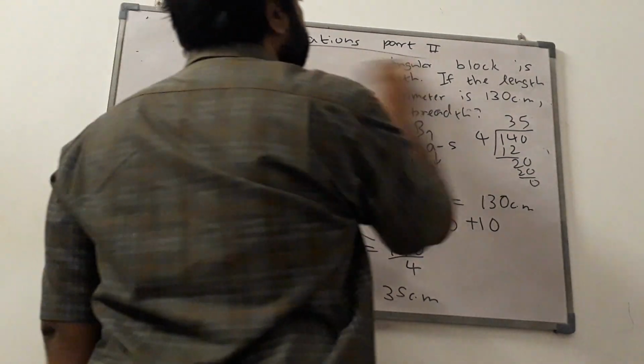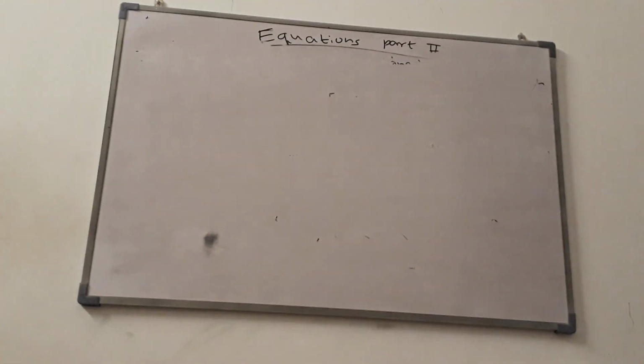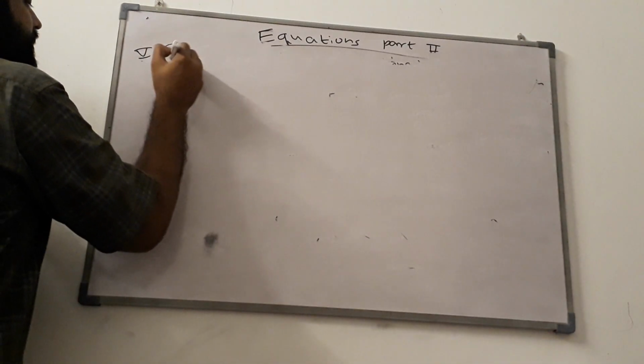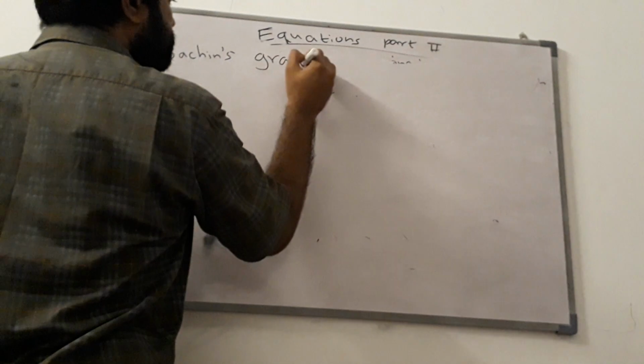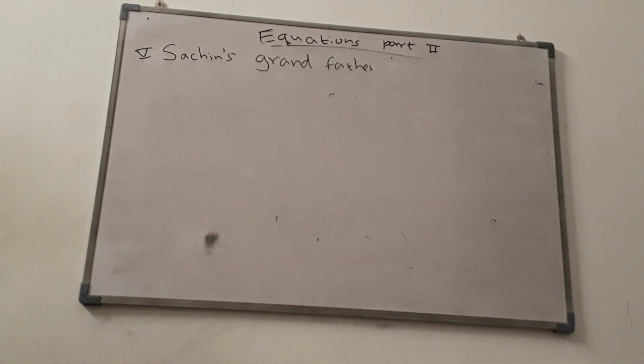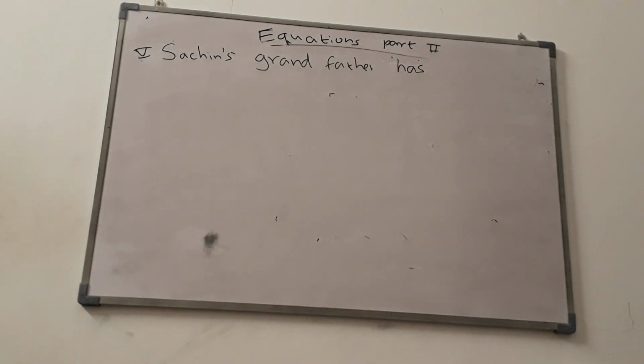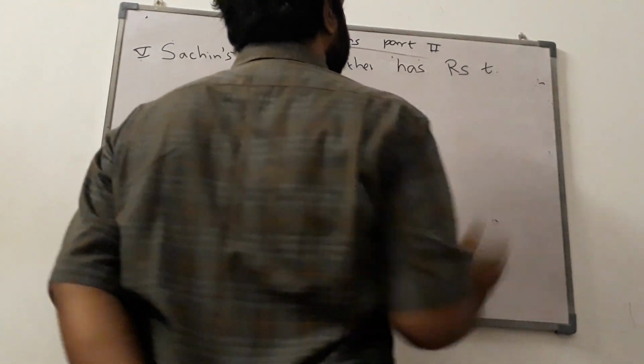Final sum. Sachin's grandfather has T rupees.